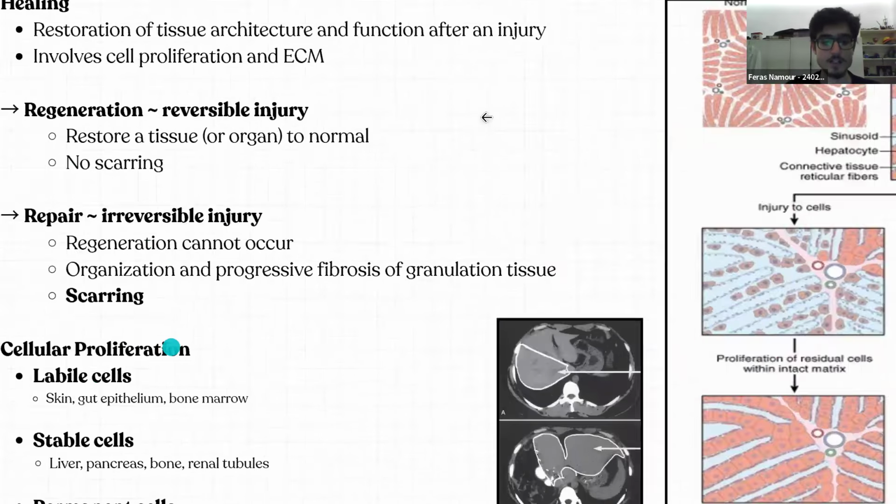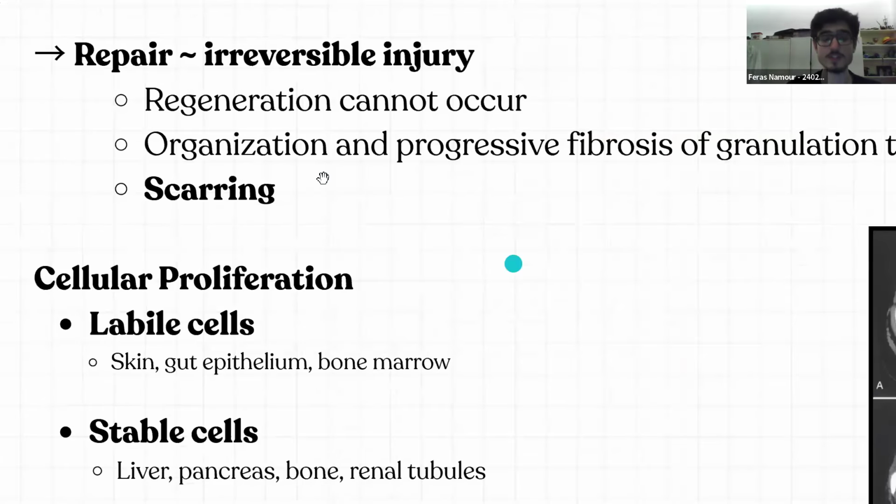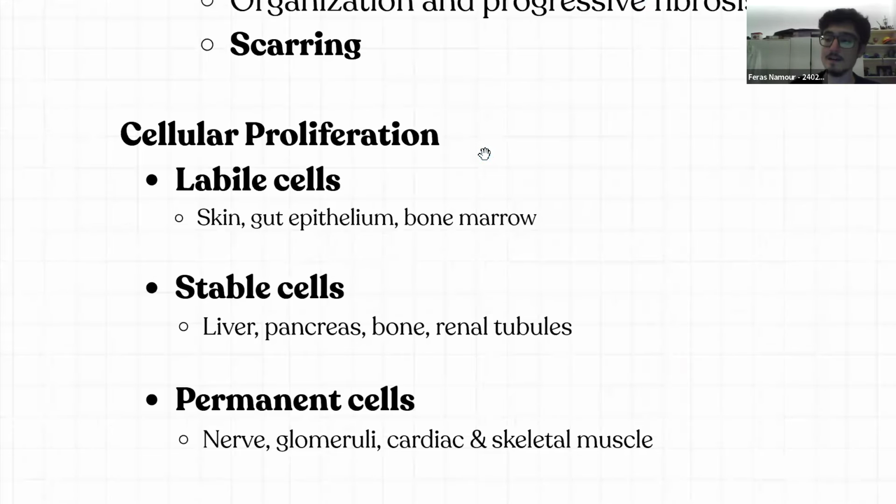This concept we talked about at the very start, which is different kinds of cells. When you're talking about proliferation and healing, it's important to know which cells can do which form of healing. Can it do regeneration? Can it do repair? Labile cells are the cells that are continuously dividing, for example the cells of your buccal mucosa, the skin cells, and also your bone marrow cells. Stable cells, on the other hand, can divide, but they only do so if they have to.